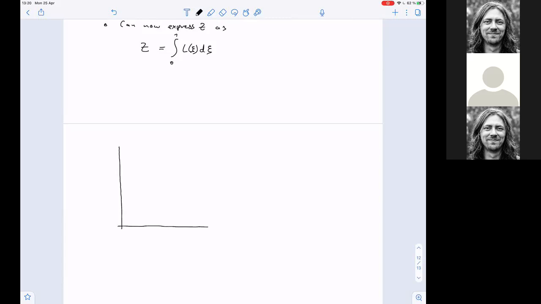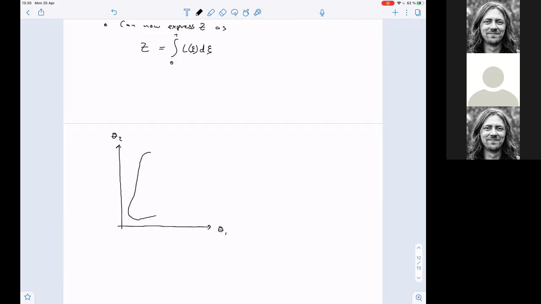Let me try to make a drawing of this. Say again, I have a two-dimensional parameter space, and I will draw some contours of constant likelihood just to see a map of the likelihood function.